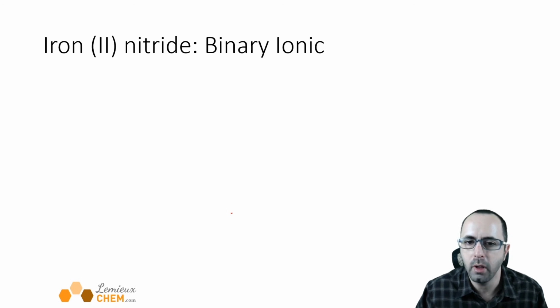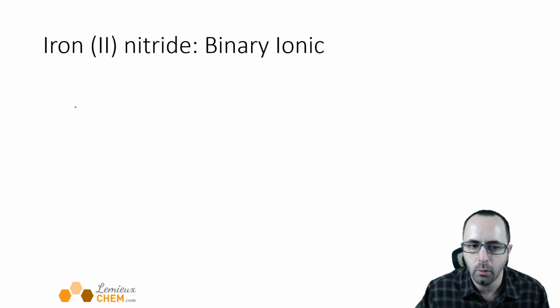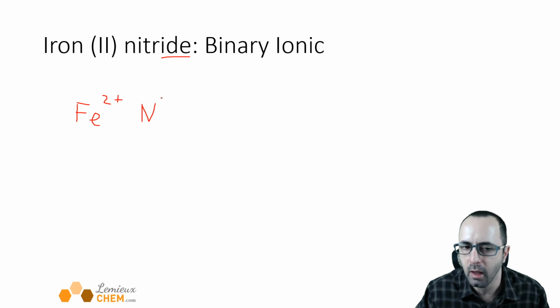One more example here, iron 2 nitride. Okay, another name to formula. Well, iron 2 means that we have an iron ion with a +2 charge to it. And then nitride, the "ide" here tells us that it's a negative ion with 1 atom, and the nitr means it's a nitrogen atom.